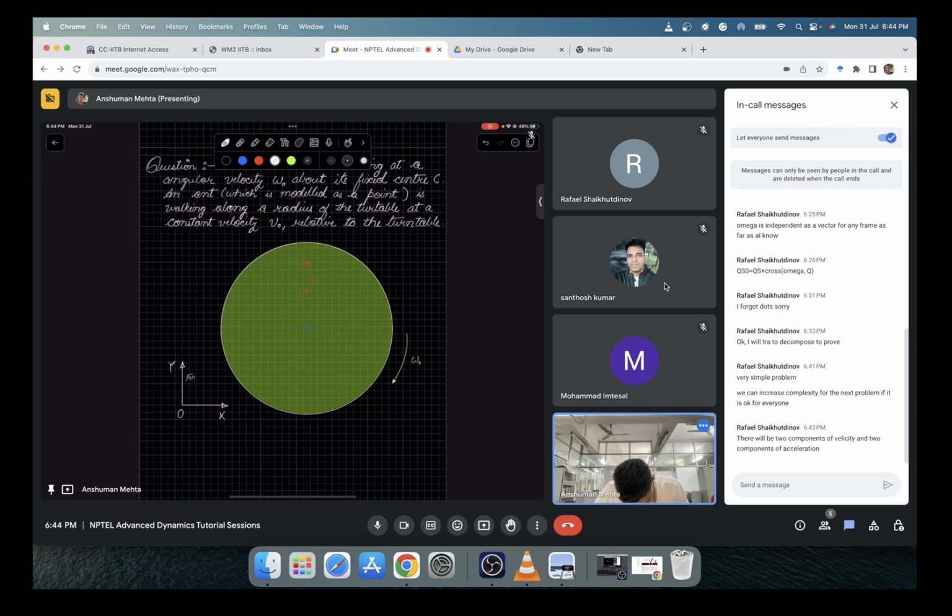This is our fixed frame of reference. And this ant is moving from point 1 to 2.